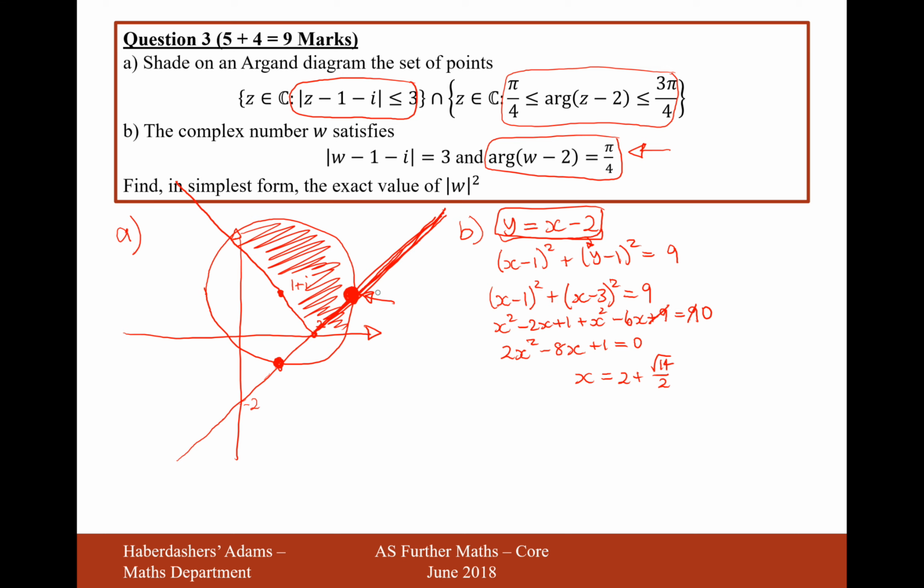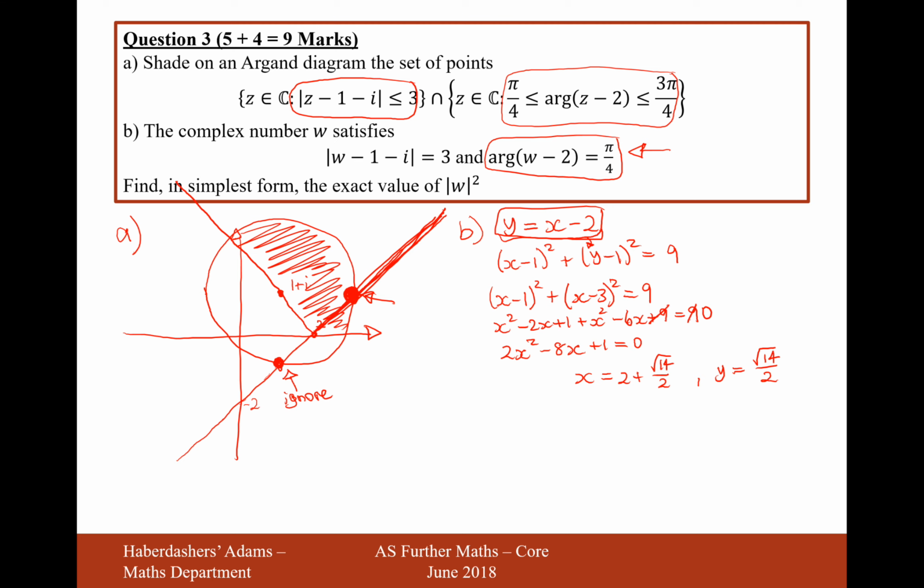So it's just this point here, the higher of the two x values. You can ignore this solution down here, as the second x value refers to this intersection here. So this can be ignored. And if x is equal to this and y is equal to this value minus 2, then y is going to equal root 14 over 2.